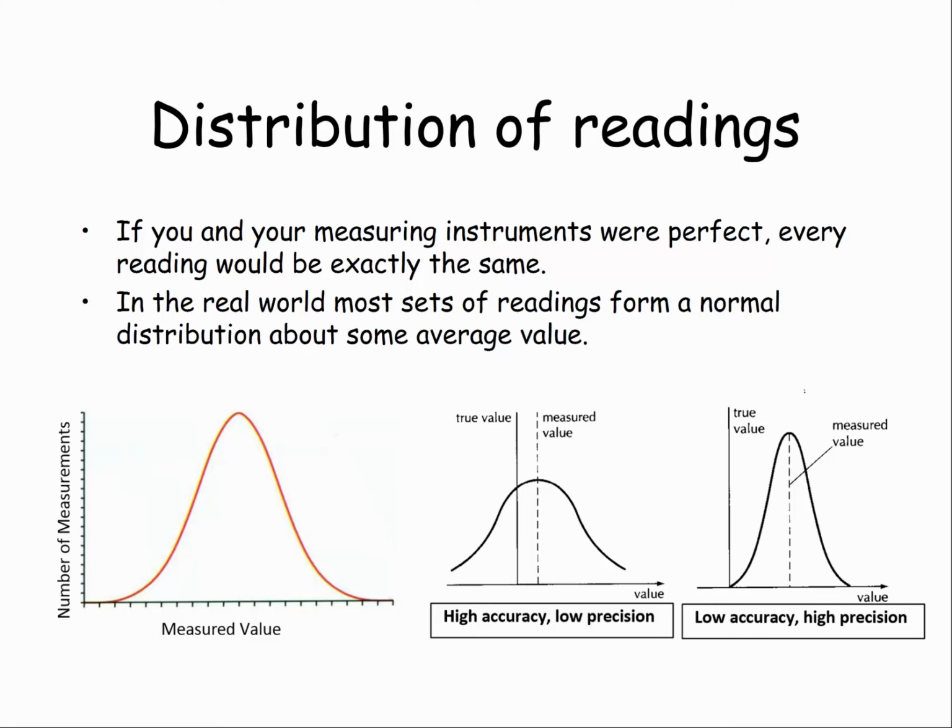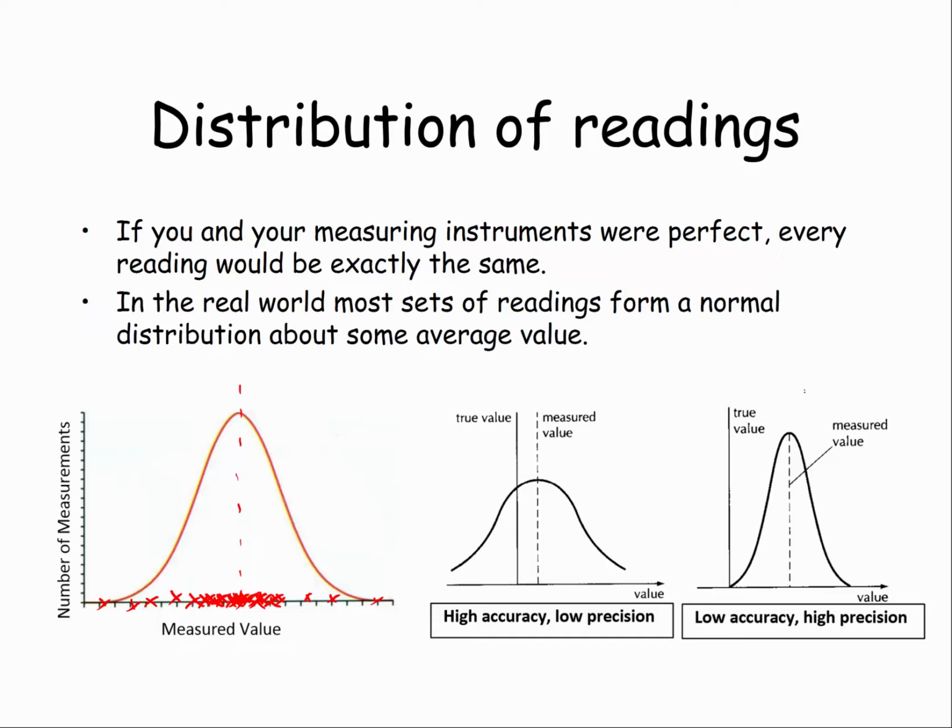Now, let's say we were taking some measurements. If we took a whole bunch of repeat readings of something, as shown by the X's that I'm drawing here on this graph, you would get what we call a normal distribution of values. So if you made a histogram of how many measurements there were of each value, then most of them would be clustered in the center, near the average value, which I'll draw in with a dotted line there.